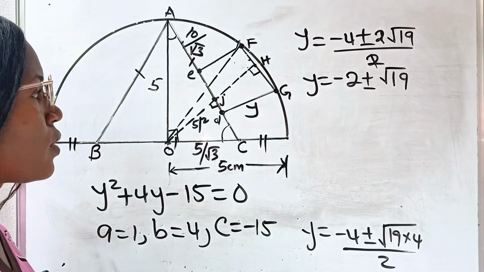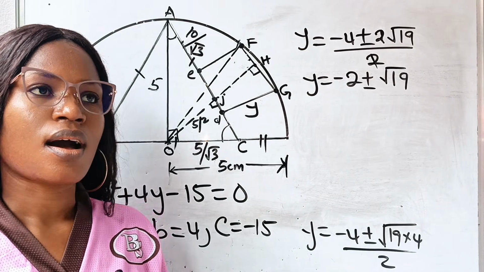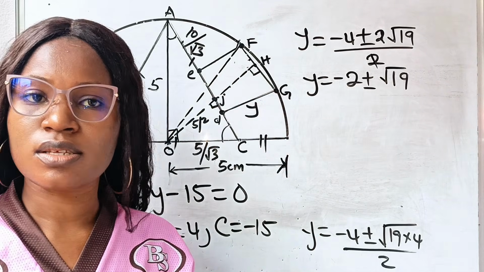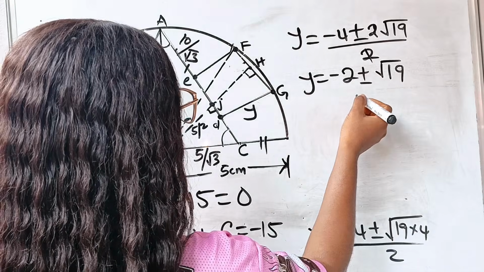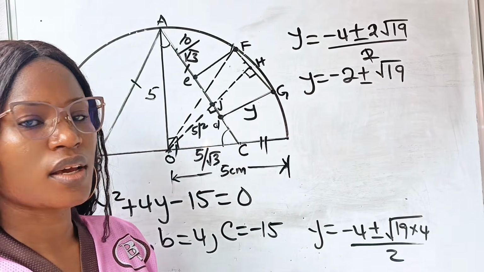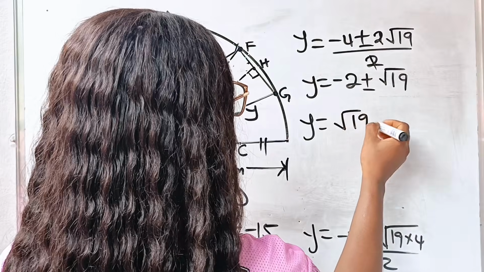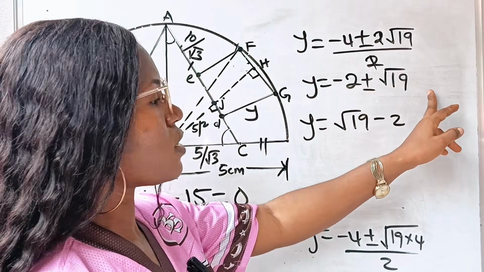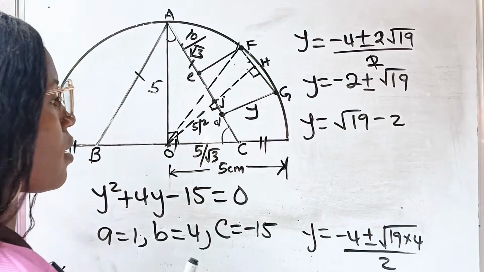Now we know that our y should be a length, and it should be positive because length cannot be negative. So that simply means that we have two values of y and we are going to remove the negative. So the value of y we will take is square root of 19 minus 2. Okay, so we are going to remove negative 2 minus root 19, which gives us a negative answer. So this is our y.